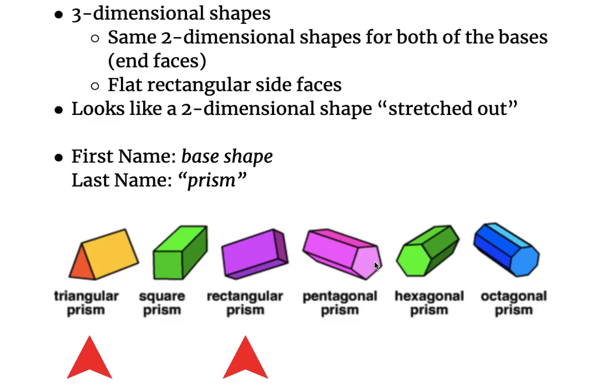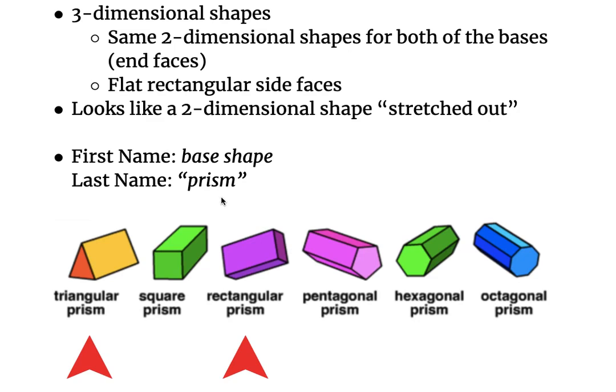They always have the same shape on both ends, both of those bases, and then they always have a bunch of rectangles on the side to make it look like it's stretched out. So the formula for naming them is, if you think about them having a first name and a last name, their first name is always their base shape, and then their last name is always prism. That's why they're part of the same family.